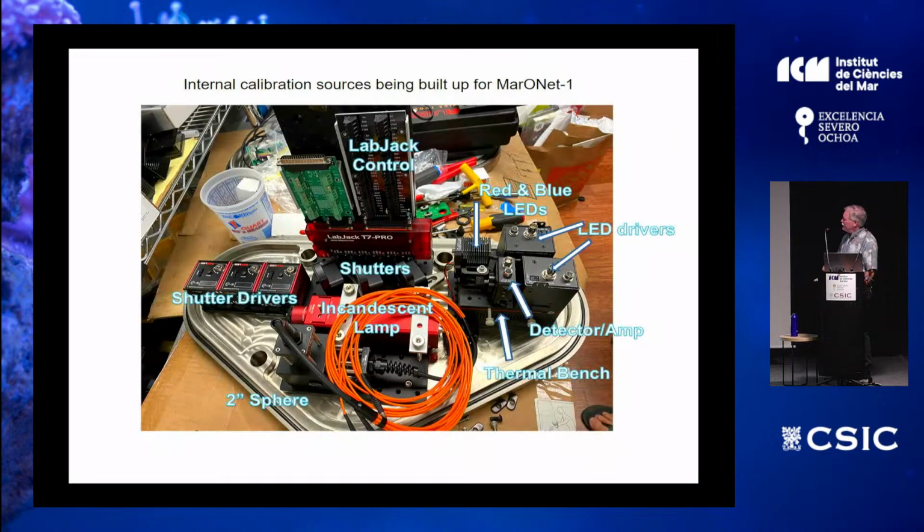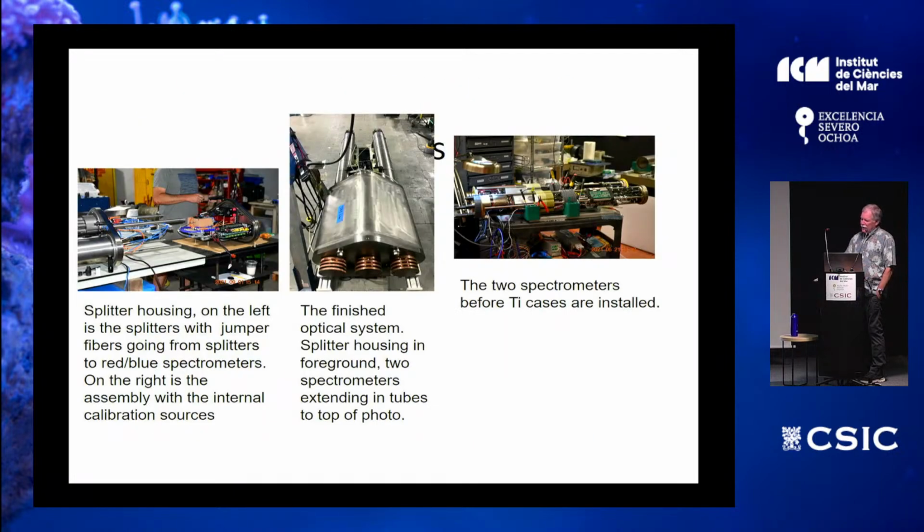Inside the splitter housing, we have all the different light sources: LEDs, an incandescent lamp, and a mercury lamp to allow us to measure the stability of the instrument while it's at sea. Here's a picture of the instrument built up. There's the splitter housing and the 2 spectrometers.